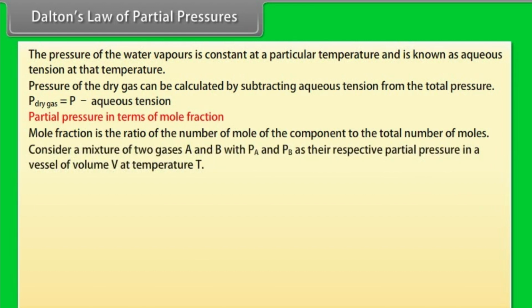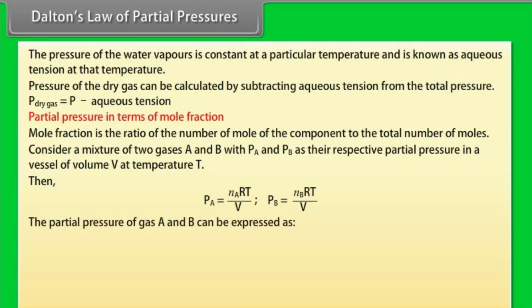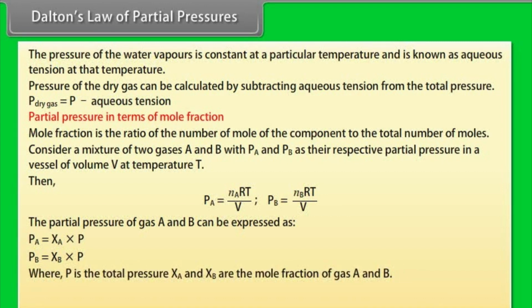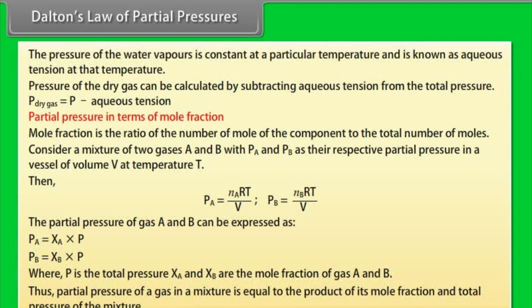Consider a mixture of two gases A and B with PA and PB as their respective partial pressures in a vessel of volume V at temperature T. Then, PA is equal to nA RT by V, and PB is equal to nB RT by V. The partial pressures of gases A and B can be expressed as PA is equal to XA into P, and PB is equal to XB into P, where P is the total pressure, and XA and XB are the mole fractions of gases A and B. Thus, the partial pressure of a gas in a mixture is equal to the product of its mole fraction and the total pressure of the mixture.